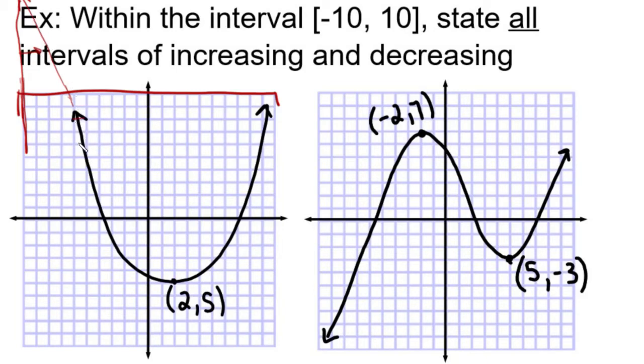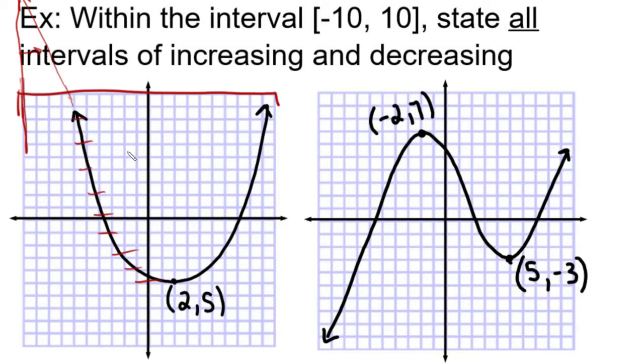Now we're at 8, and then 6, and then 4, and then 2, and then 0. The y values are still decreasing, going down and down and down. These y values are continuing to go down as you look farther and farther to the right. As your x values are getting bigger and bigger, the y values are going down, down, down, right?